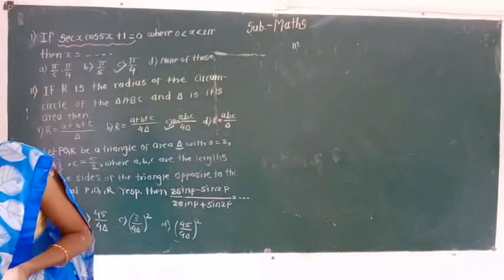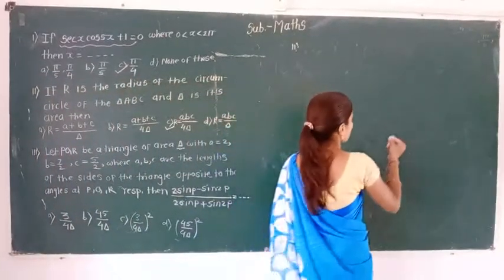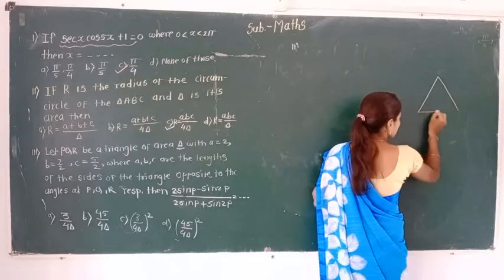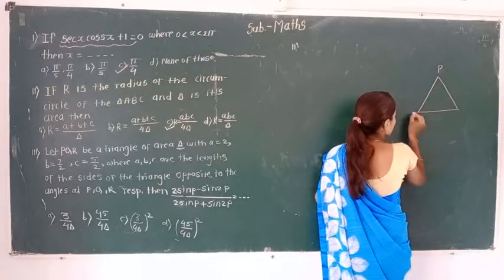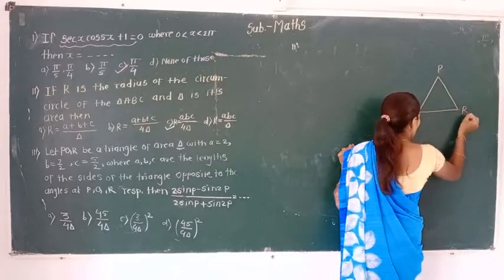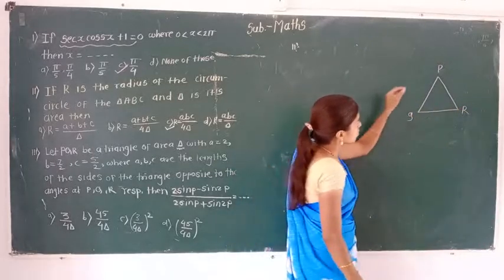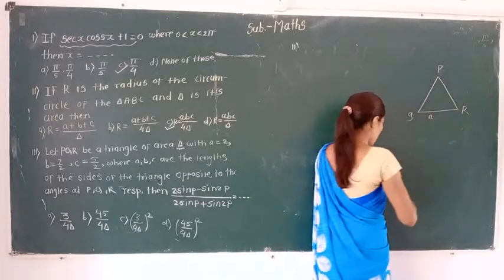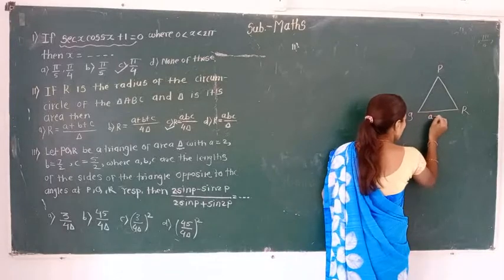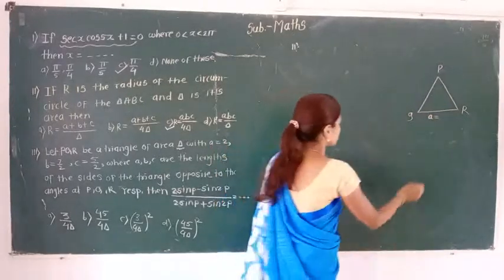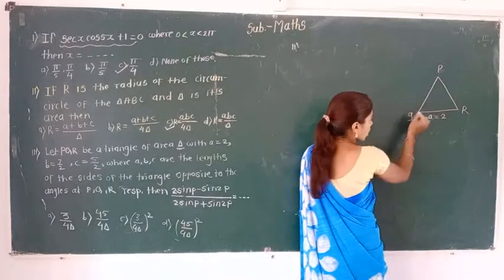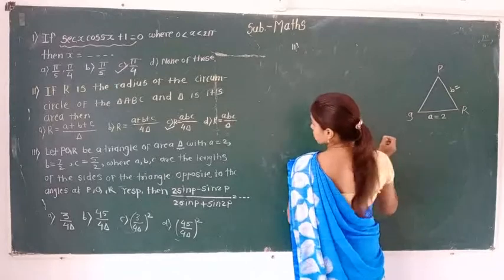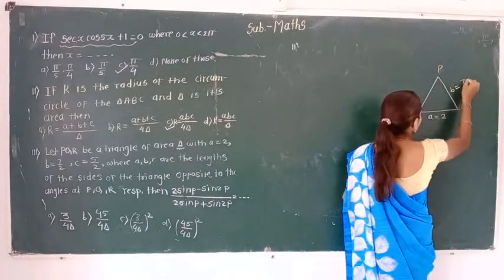In this triangle PQR, the opposite side of angle P is a, and the length of this side QR is 2. The opposite side of angle Q is b, and the length of this side is 7 by 2.